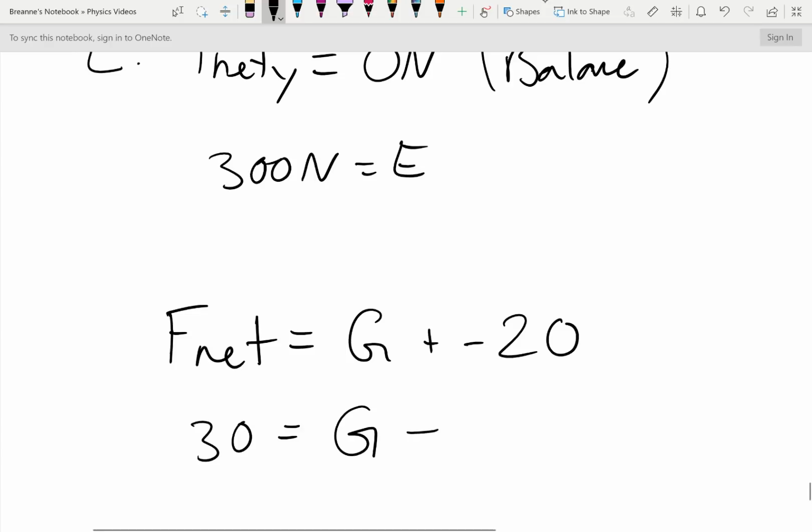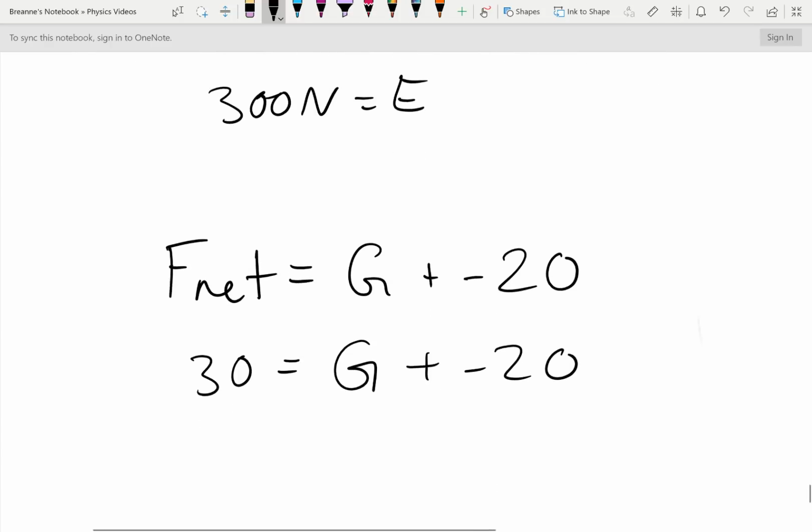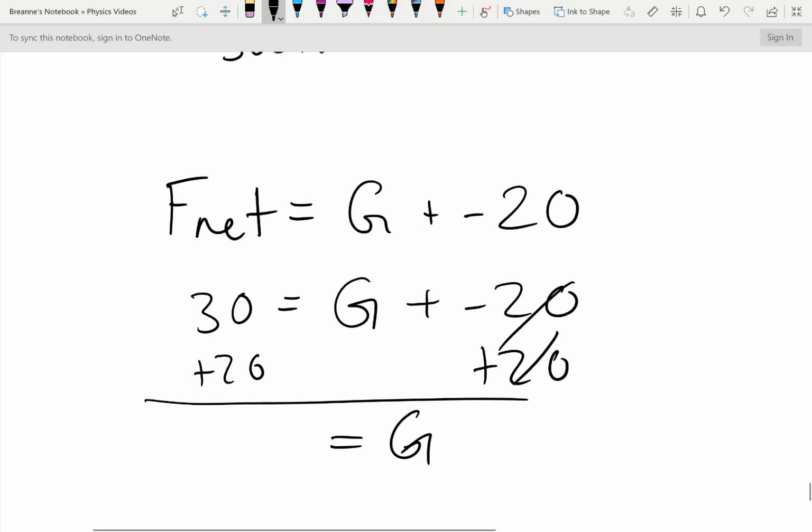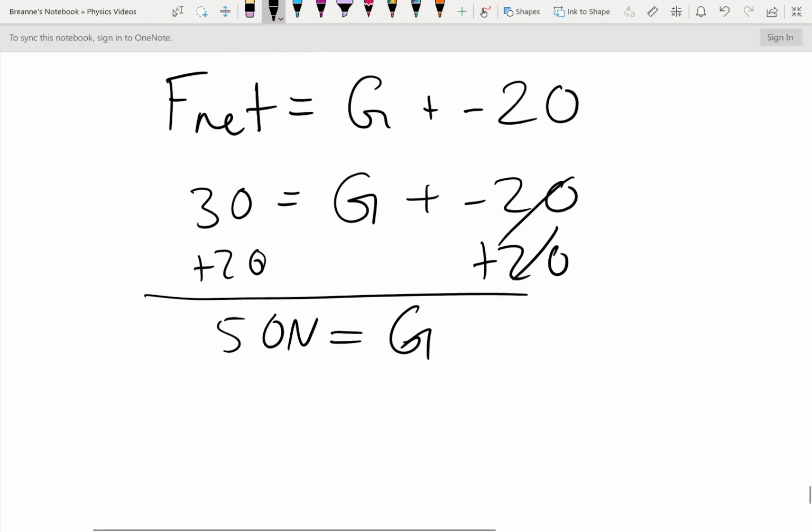We're looking for G. To get G by itself, the opposite of subtract is add. What you do to one side, you have to do to the other. So you get 50 newtons. Your G has to be 50 newtons for it to be going 30 to the right because it's being slowed down by 20 to the left.